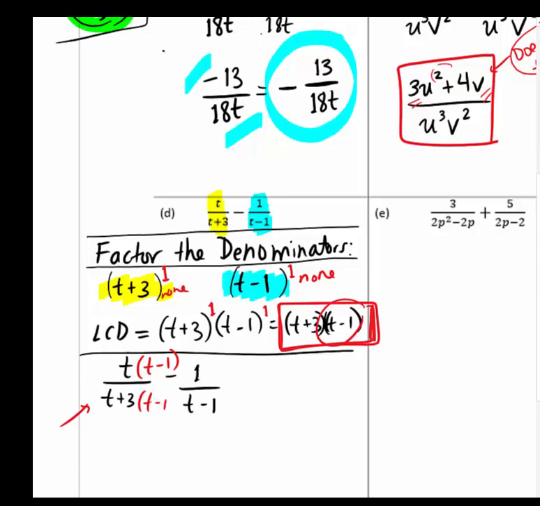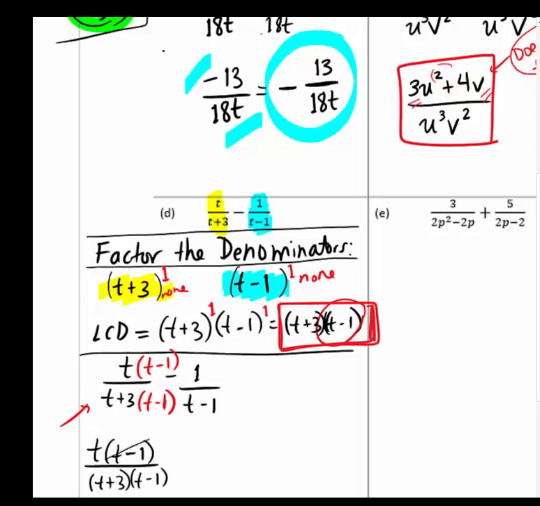It's a good idea to leave it in parentheses, because this is the first time where whatever we're multiplying the numerator and denominator by has more than one term. So the numerator is t times t minus 1, over the common denominator t plus 3, t minus 1.